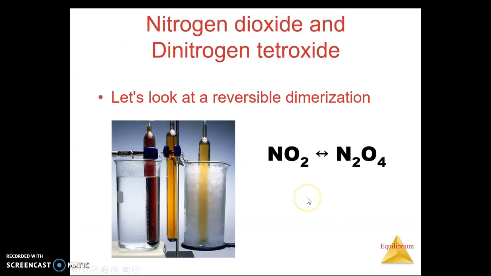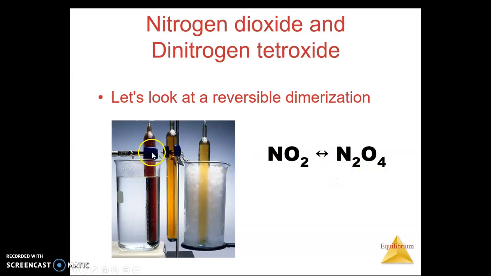Now, you can see in it reversible dimerization, and I have linked that on the lesson plan, the revised agenda for the day, where two molecules of NO2, which absorb light so that the whole thing looks red, will, in a dimerization reaction, collide with each other and form N2O4, which doesn't absorb visible light.